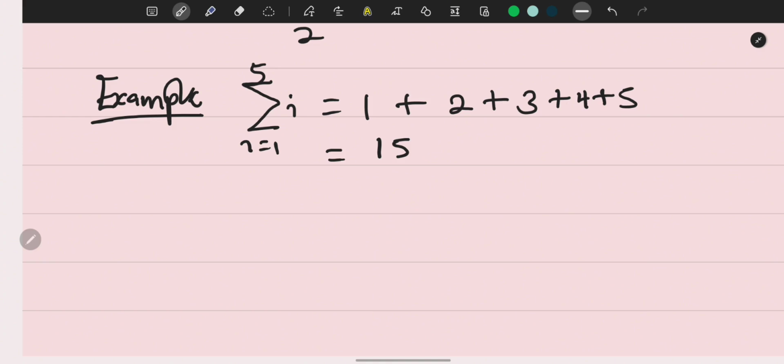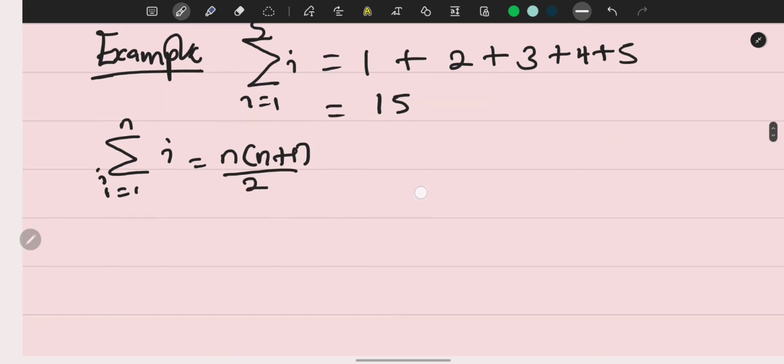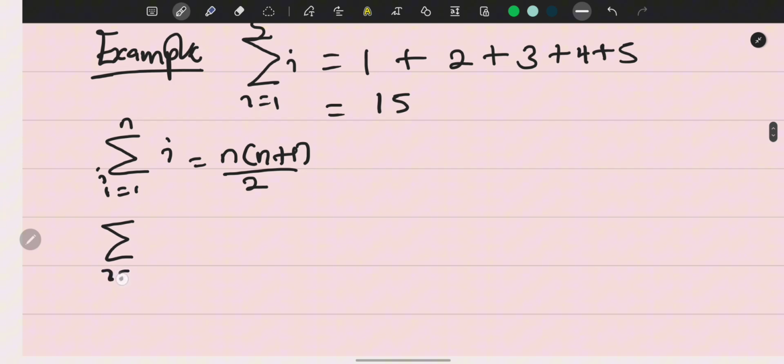So let's check with the given formula whether we are going to get 15. From the formula where you have i equals 1 to n, we have that to be n times n plus 1 over 2. In a case where you now have i from 1 to 5, the difference here is that n is 5. So let's make n to be 5 here.